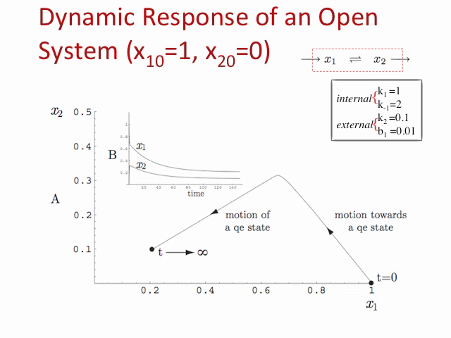I'm going to repeat the simulation we did in chapter 4 and start with x1 being 1 and x2 being 0. And then I simulate the response, and what I see is a rapid motion towards the equilibrium line, which is the line that has a slope of half as before.